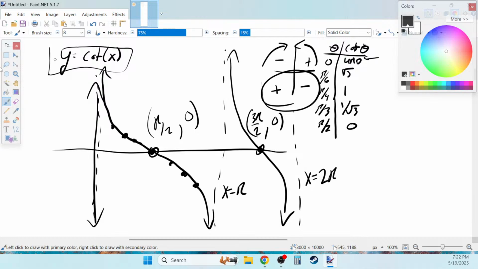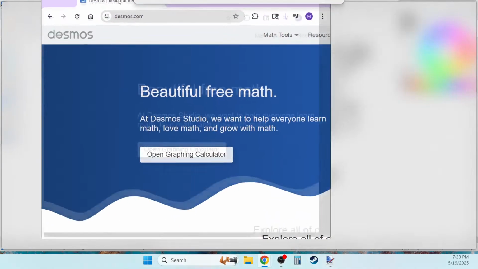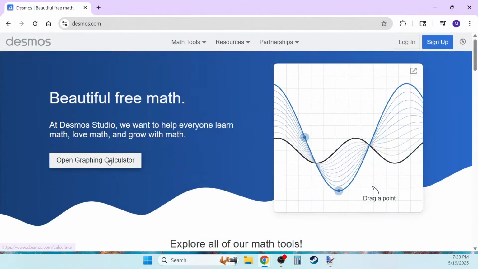I would say that the best way to practice for graphing is going to be to go to Desmos. And I have here my Desmos tab.